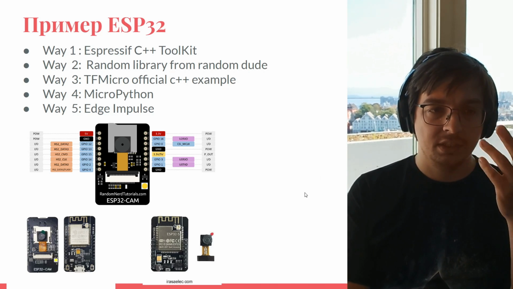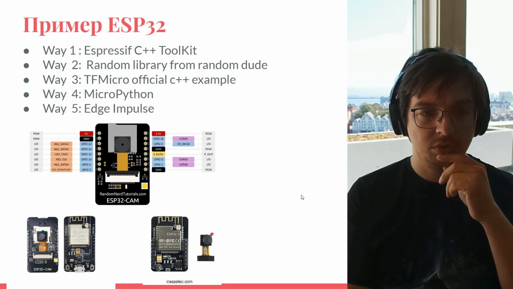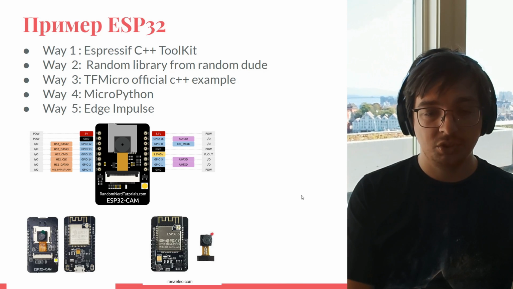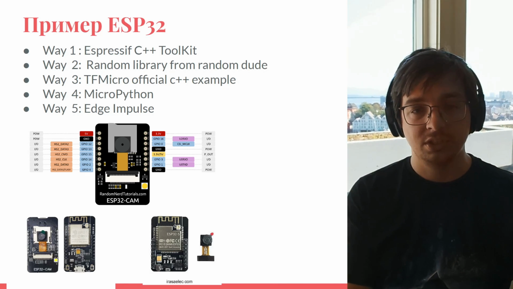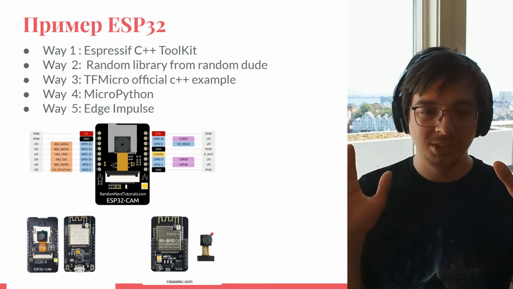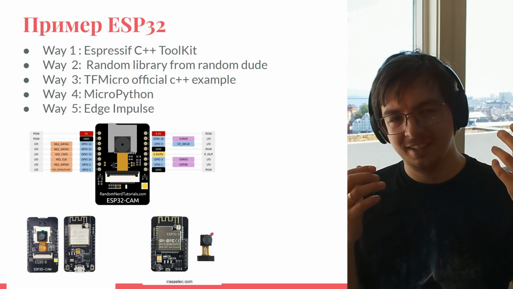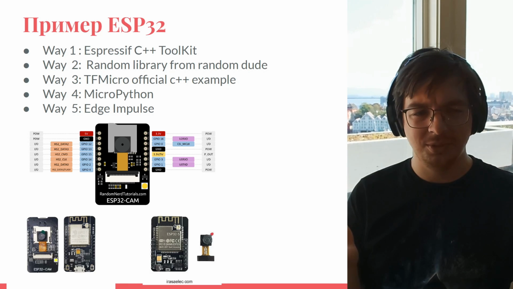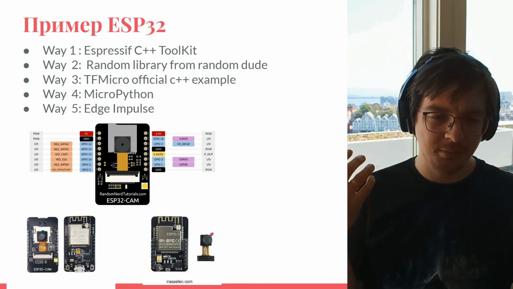And for example, take ESP32. The main trick with ESP32 is that there are five different ways to run your models on it. In general, ESP32 is not a completely NPU chip.